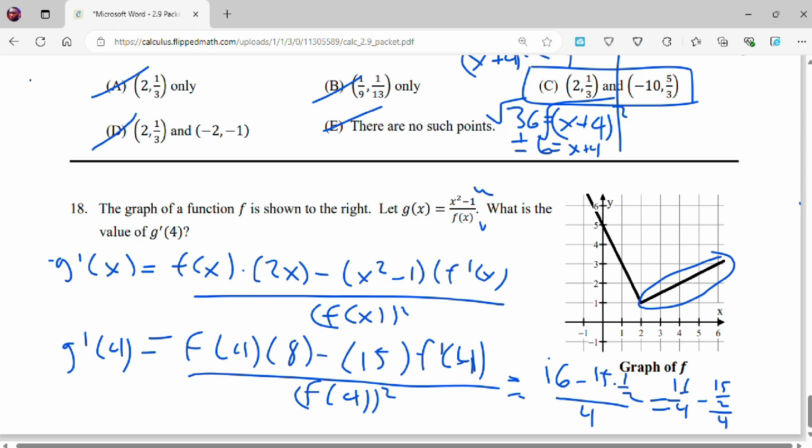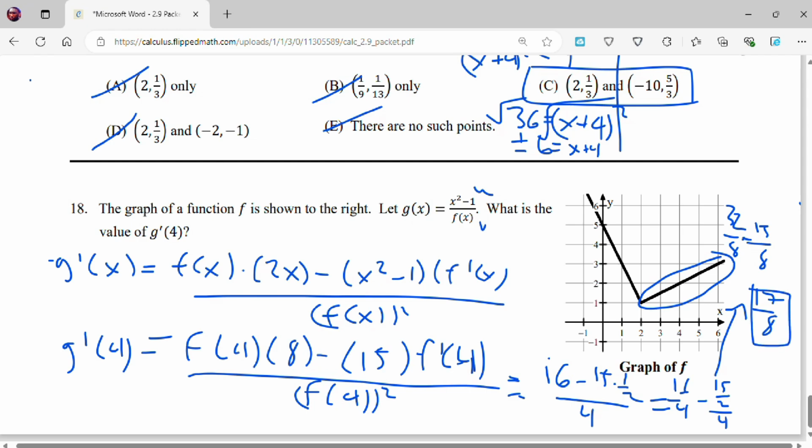Common denominator is 8. So we get 32 over 8. And then 15 over 2 divided by 4 is 15 over 8. So minus 15 over 8. 32 minus 15 is 17 over 8. That is our final answer.